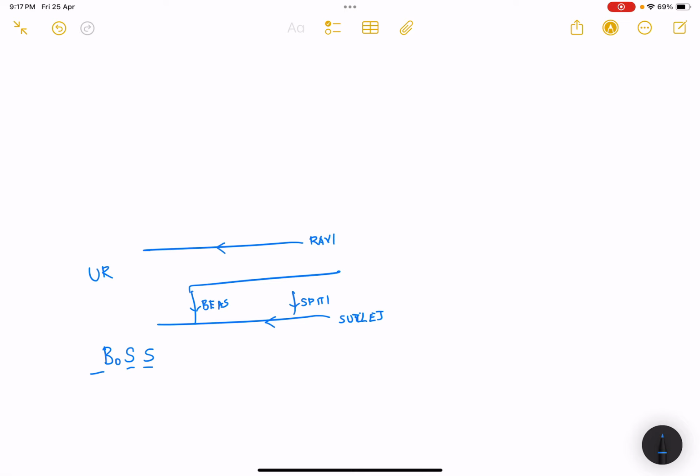And Ravi's tributary was Uch. And then we had your cat, right? CAT, cat. So Tavi, and then we had Chenab. Oh, sorry, we had Chenab, and Chenab's tributary was Tavi. There you go. Simple.